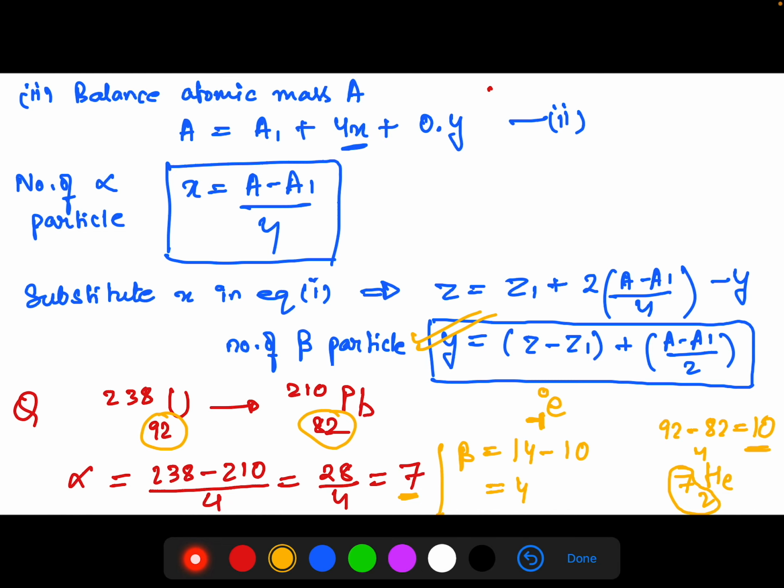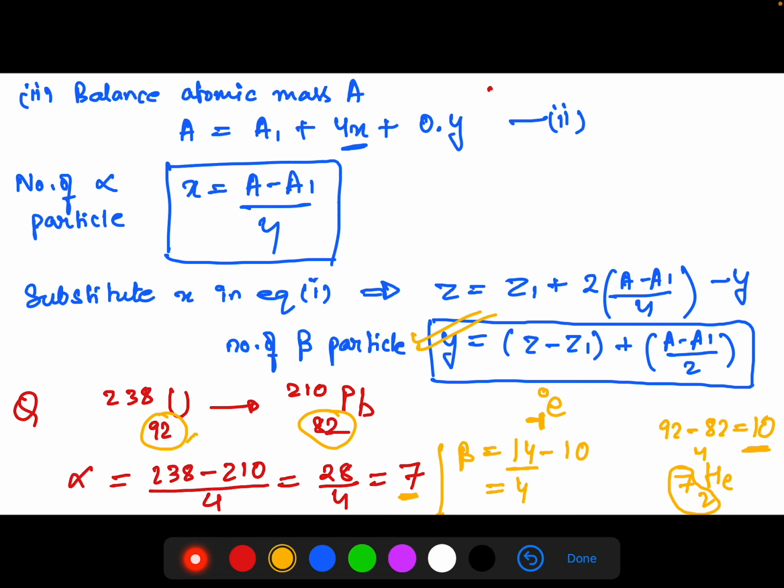This adds up, so what was supposed to be 14 from the alpha particles gets a -1 contribution, and therefore we get a total difference of 10.